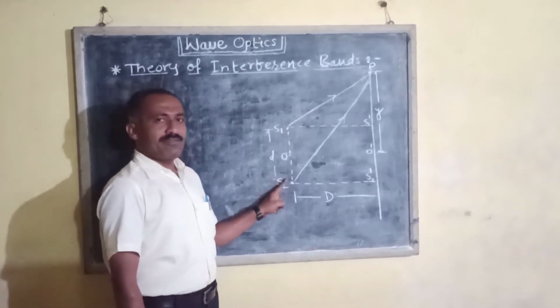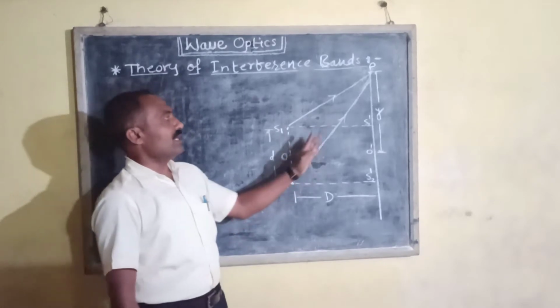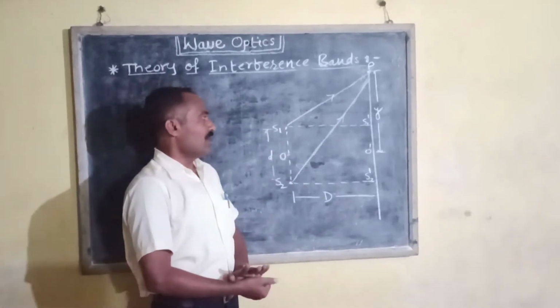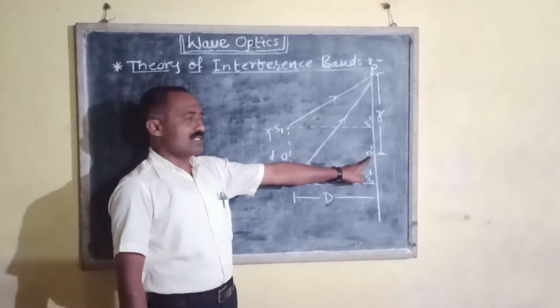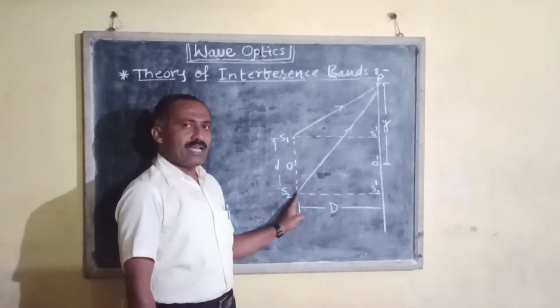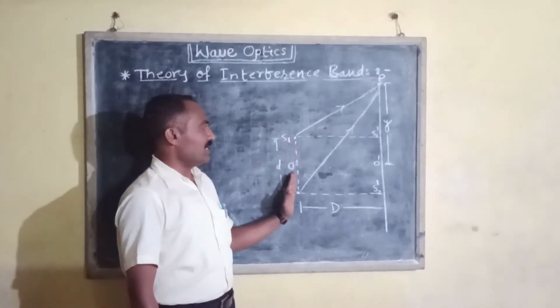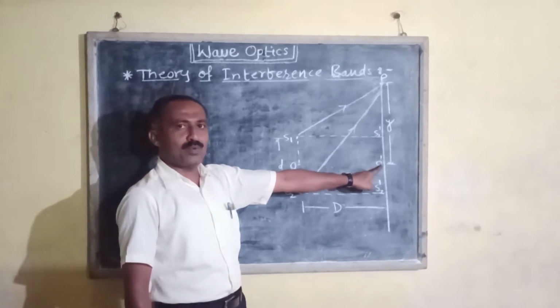Now the light waves emitting from S1 and S2 produce an interference pattern on the screen. As the point O dash is equidistant from S1 and S2, the light waves from S1 and S2 interfere constructively at O dash.